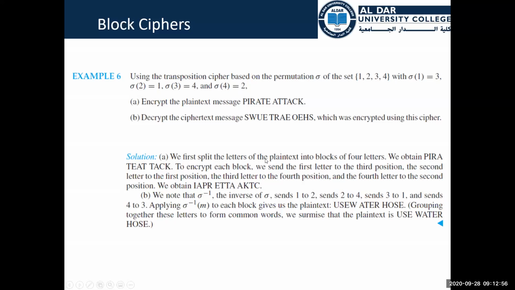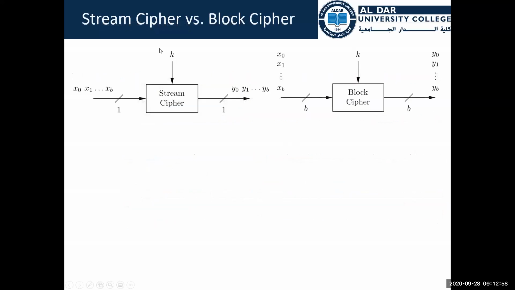Okay, for the next slide, let me share it with you. Here we have stream and block ciphers. In a stream cipher, we have a stream of bits, and the functionality is applied on that stream.